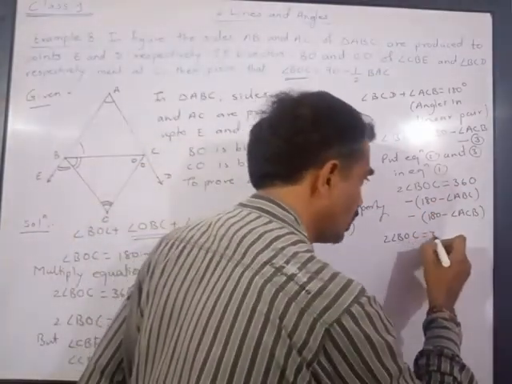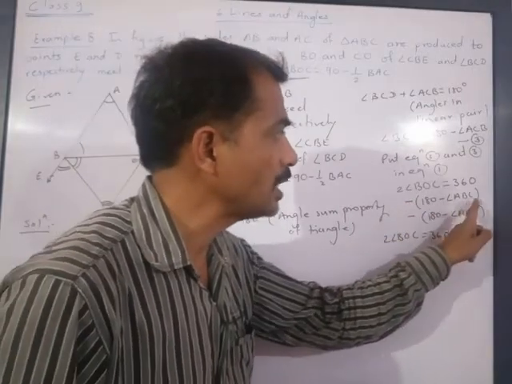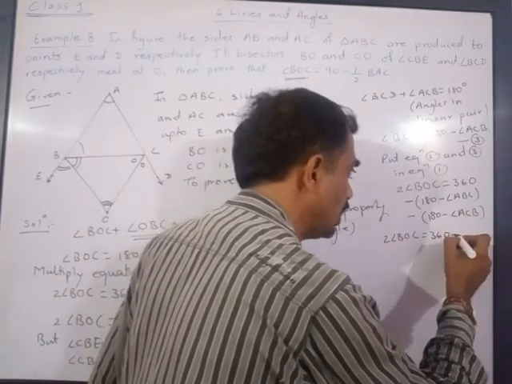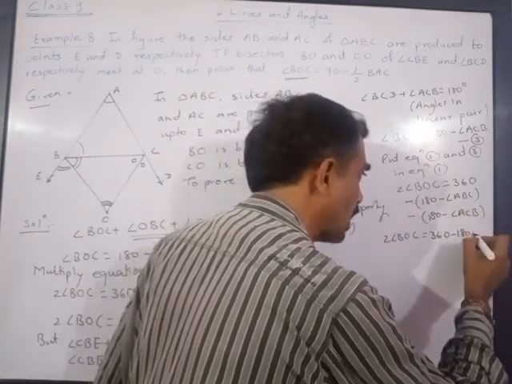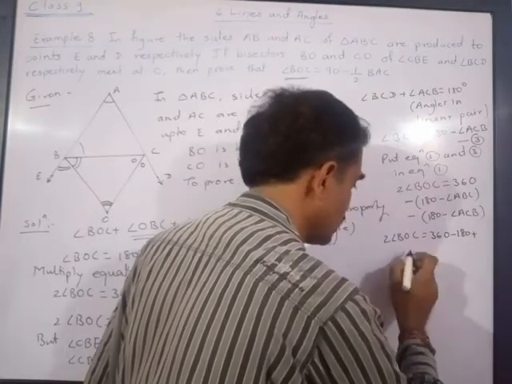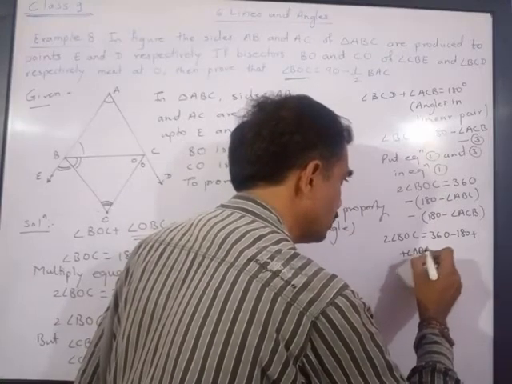This is equal to 360. Please note, if you open the bracket, signs inside the bracket will change. So this will be negative 180, and this negative will become positive angle ABC.